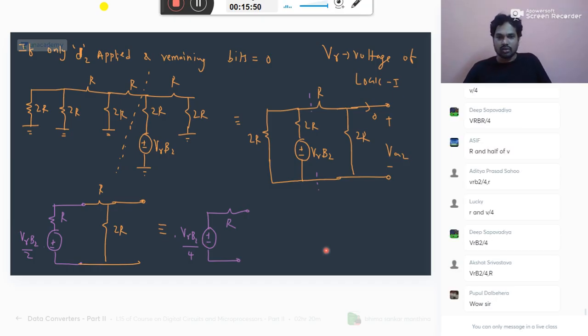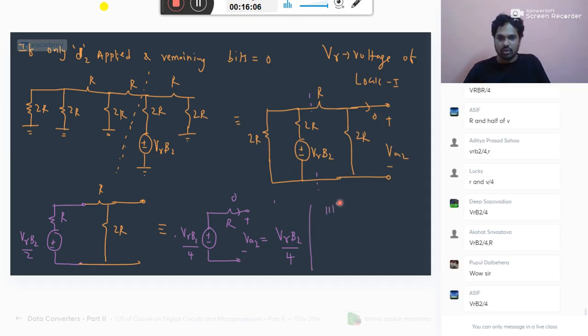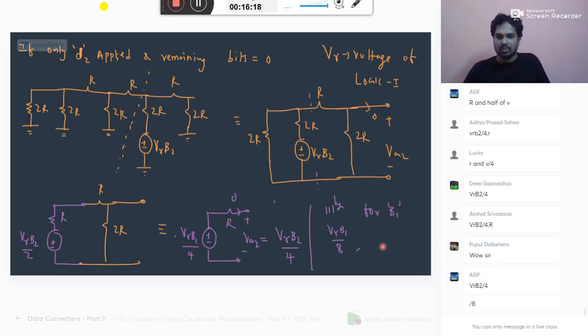Okay, so now you can say this is your VA2. What is VA2? Because this current is 0, no drop, so you can prove that it is VR B2 by 4. Now similarly, for B1 it will be VR B1 by 8 and for B0 it will be VR B0 by 16.